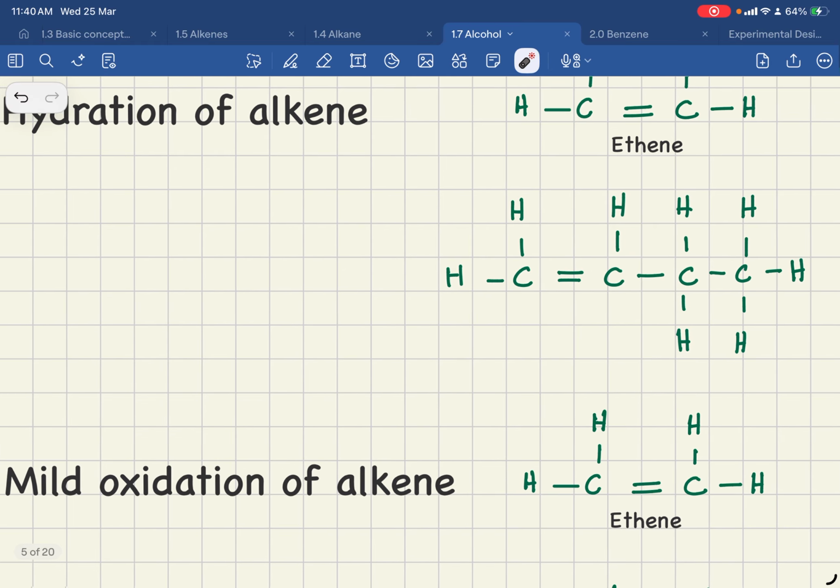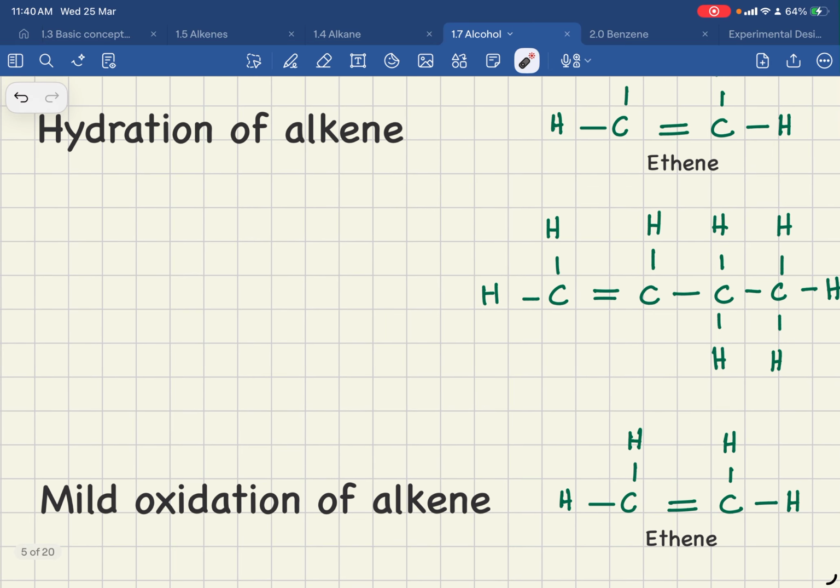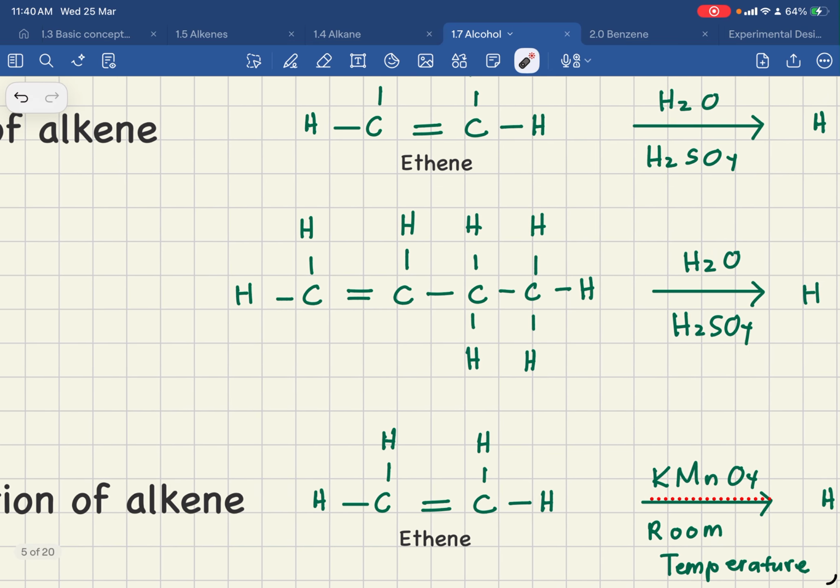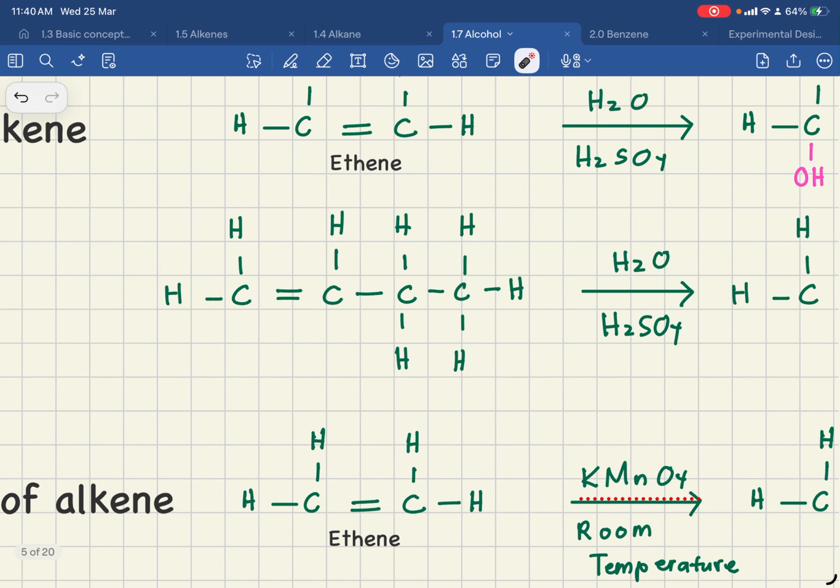I'm still going to discuss hydration of alkene. In this example, we have 1, 2, 3, 4. This is butene. This is not considered symmetrical. Why? This carbon is secondary, and this one is only primary.